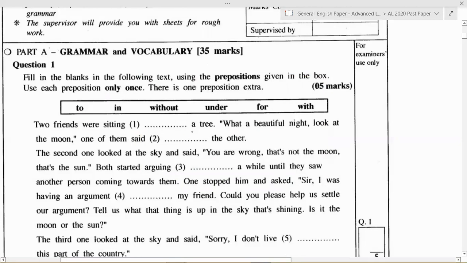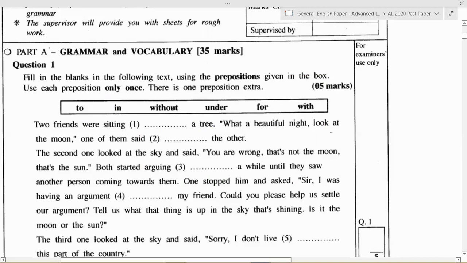We don't know where. A tree: to a tree, in a tree, without a tree, under a tree, for a tree, with a tree. So out of these 6 prepositions, 1 should come here. Let's evaluate what that is later on.